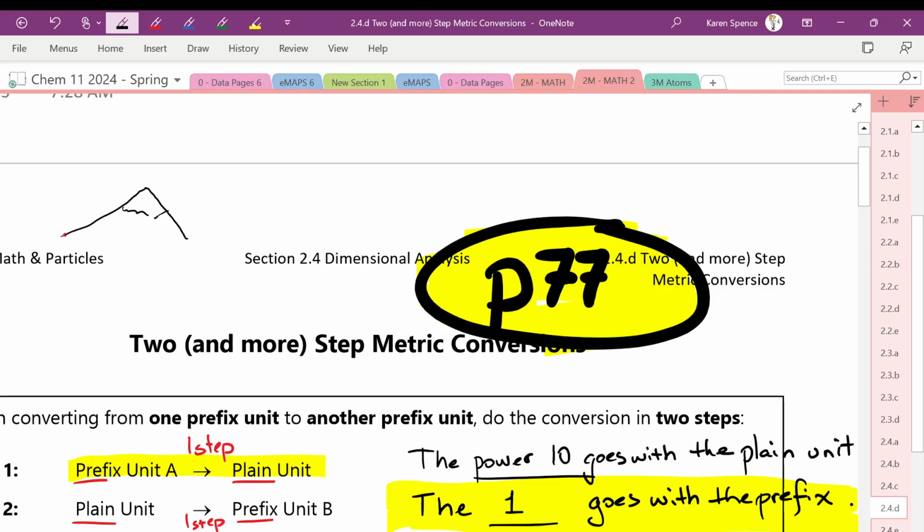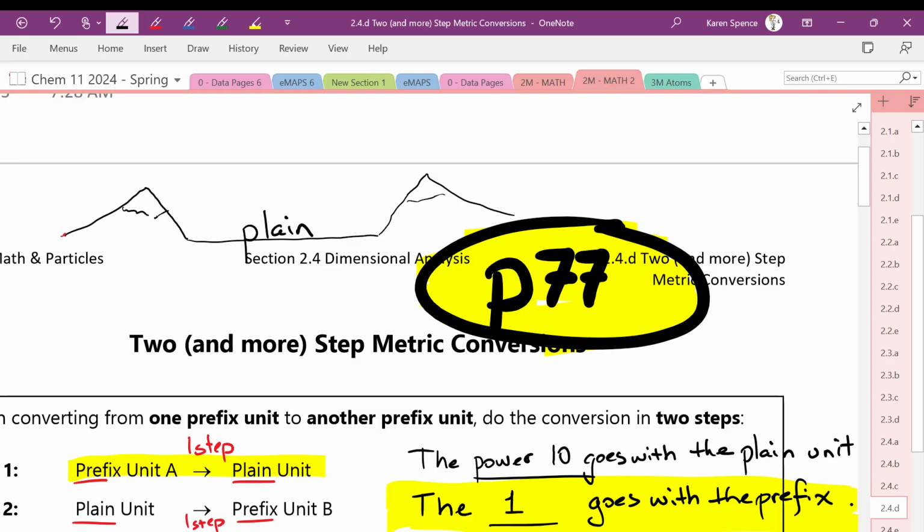Here's a mountain, and then there's the valley in the middle, and over here we have another mountain with some snow on it. Guess what this is in the middle? This is a plain. So what goes in the middle? The plain unit. Yes, the plain goes in the middle.